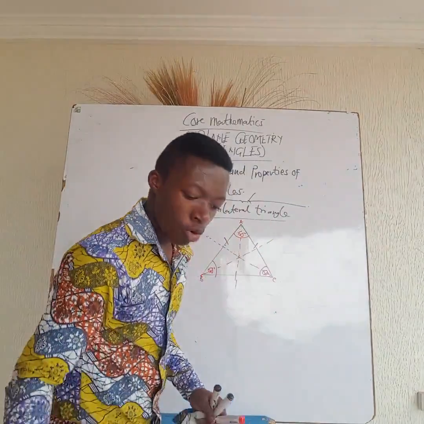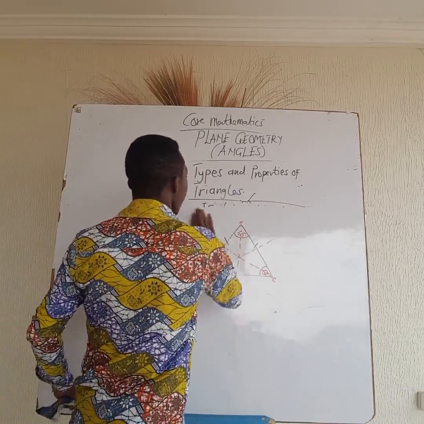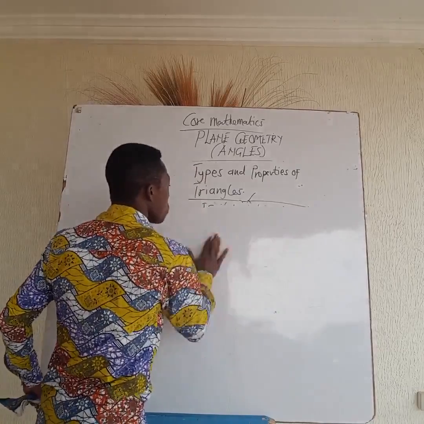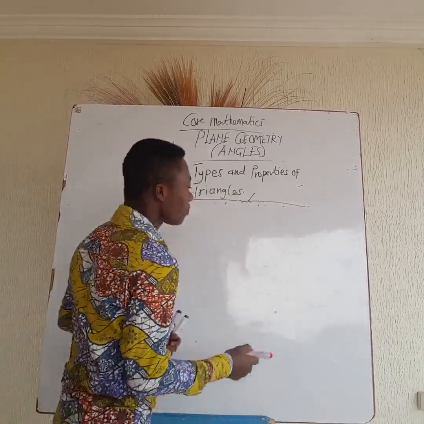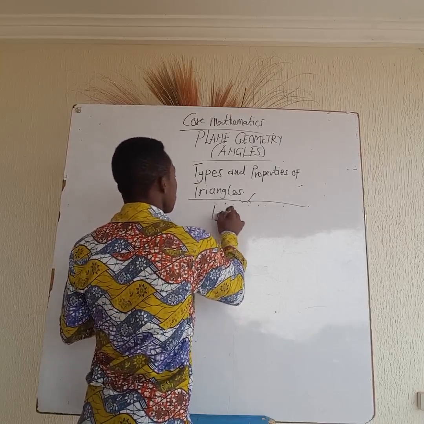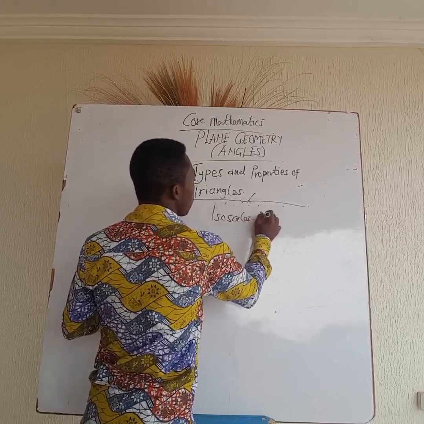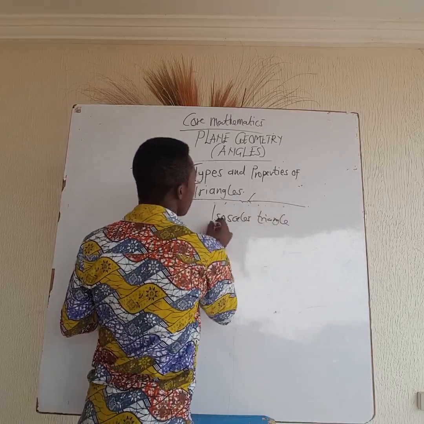Then also, we have what we call the isosceles triangle.